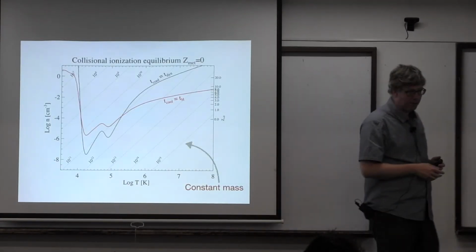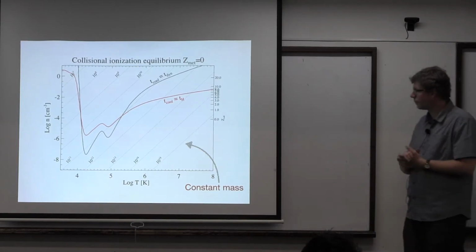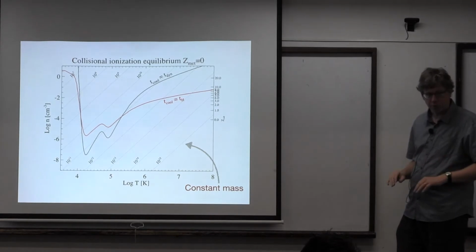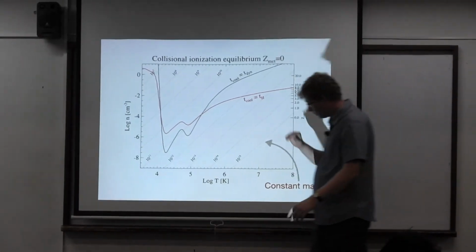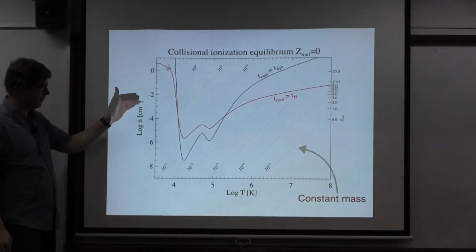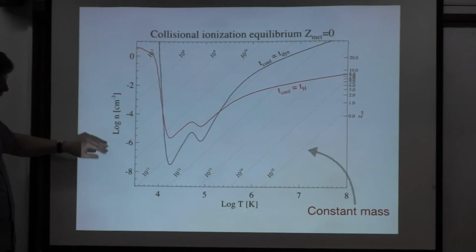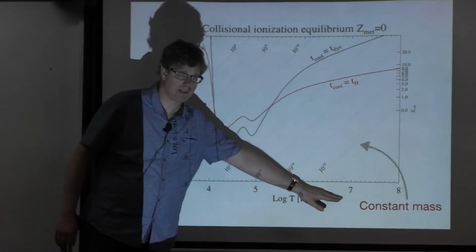And this is an example of this. So this is going to take me a little bit to go through this plot in detail. On this axis is the density of the gas. On this axis is the temperature of the gas.